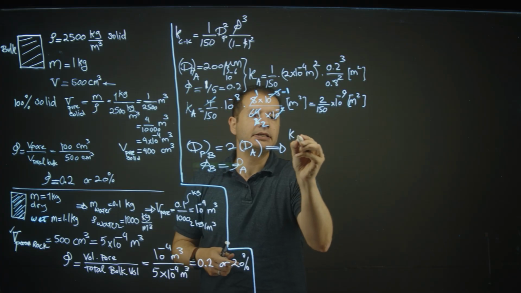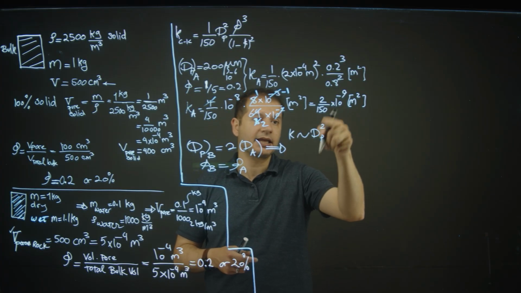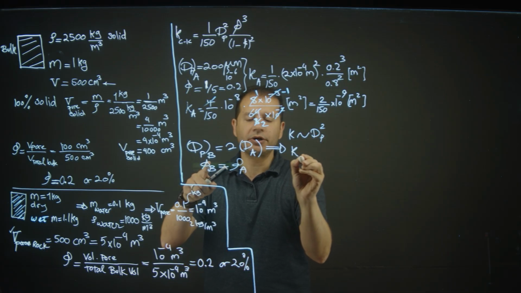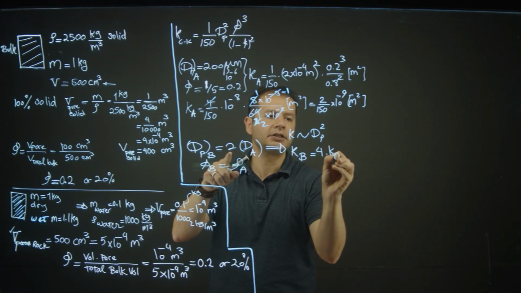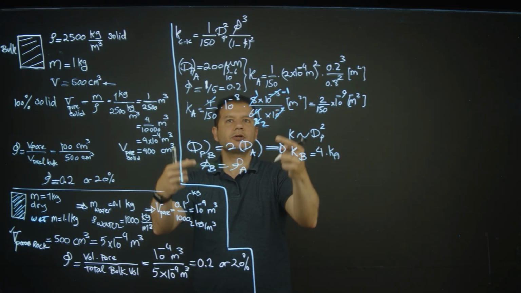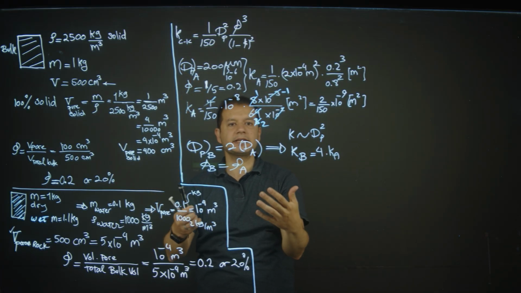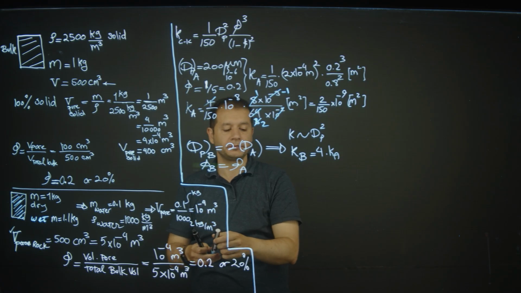Because permeability is proportional to the grain size diameter to the power 2, I can then easily say that the permeability of sample B must be 4 times the permeability of sample A, because it's proportional to the grain size to the power 2. So I can relate these as well.